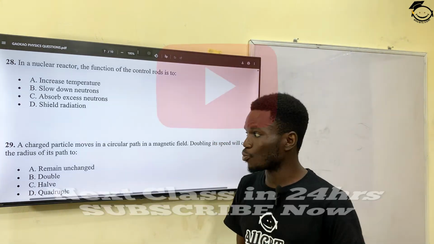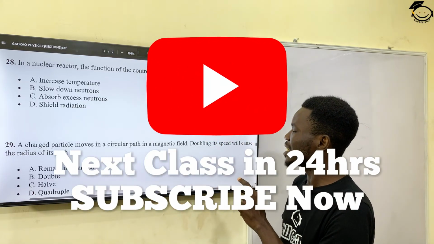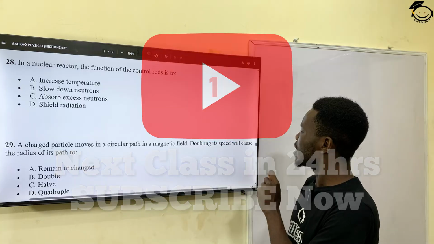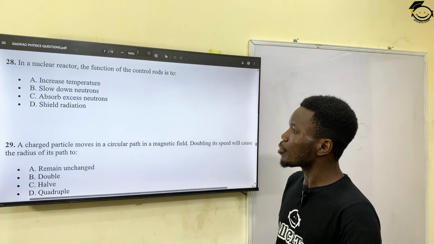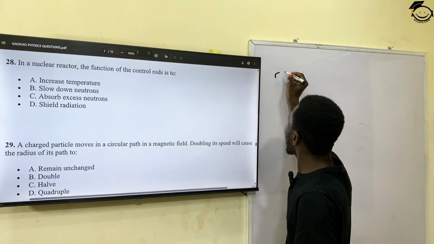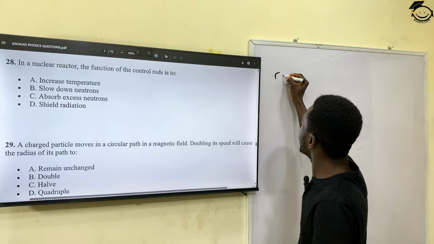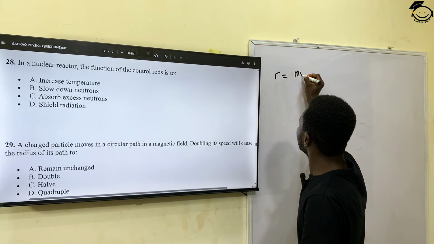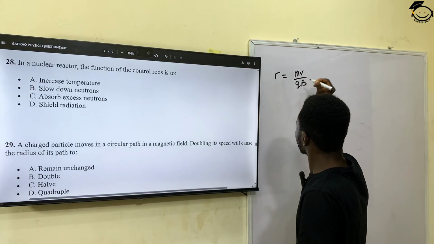Moving on to question number 29, it says a charged particle moves in a circular path in a magnetic field. Doubling its speed will cause the radius of its path to dash. So we know that the radius of the circular path in a magnetic field is equal to mv over qB.